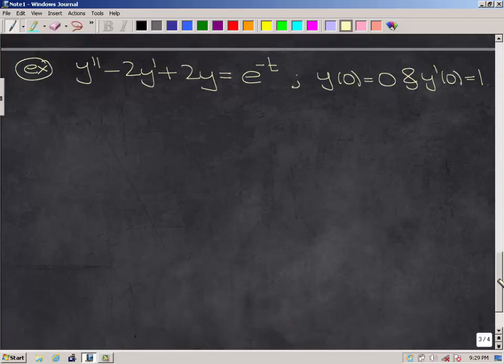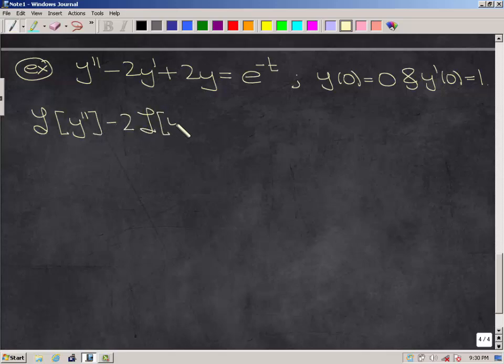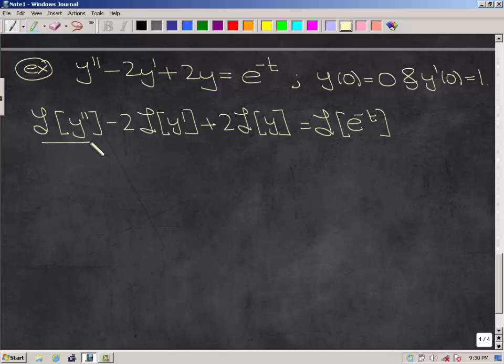So what I'm going to do is take the Laplace transform on both sides. So I get Laplace transform of y double prime minus 2 times Laplace transform of y prime plus 2 times Laplace transform of y is equal to the Laplace transform of e to the negative t. Now that we have that, if you recall from section 7.3, we know what the Laplace transform of y double prime is.